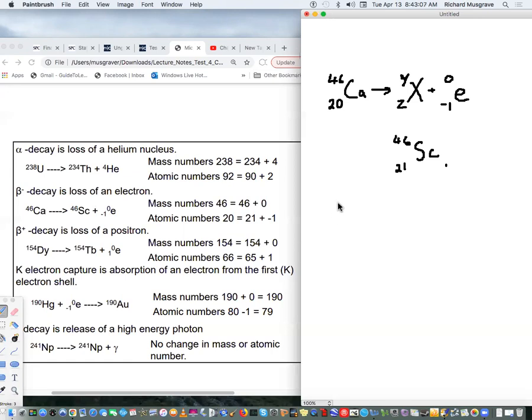Let's say we're talking now about positron decay. Positron decay is loss of a positron. What is a positron? A positron is an antiparticle. It's the antiparticle of the electron. I know this is really going to shock all of you, but I'm a bit of a Star Trek fan.